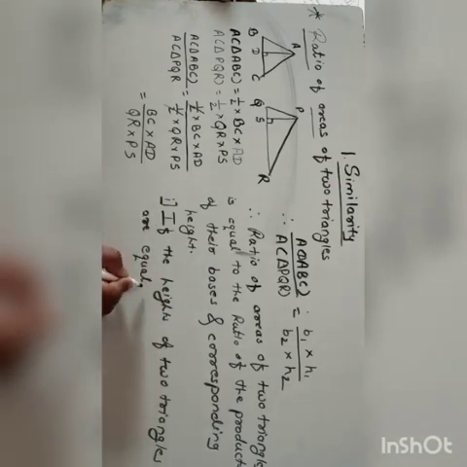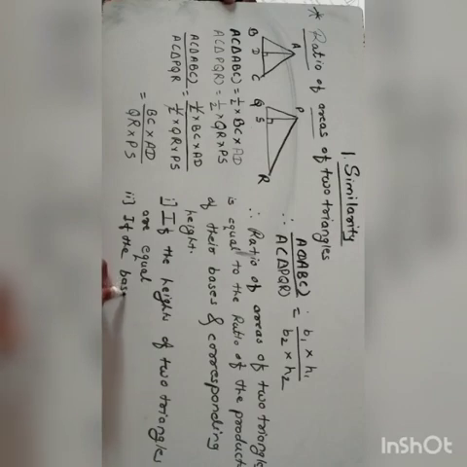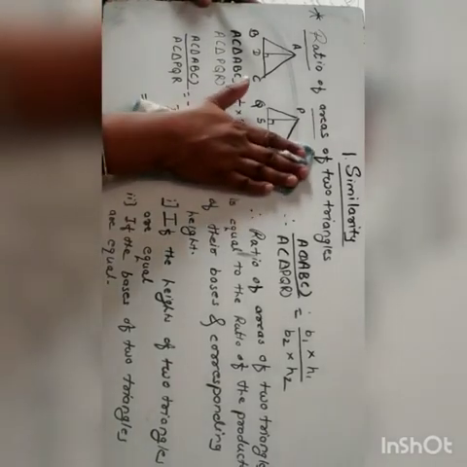And the second condition is if the bases of two triangles are equal. Okay. Now we will see the first condition, that is, if the heights of two triangles are equal.